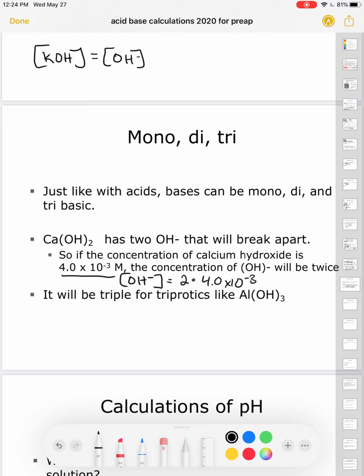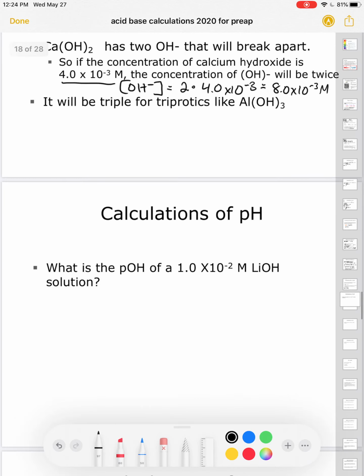It's a good thing I'm writing this all out because 2 times 4 is 8, equals 8.0 times 10 to the negative 3 molar. Okay, and then if you've got a tribasic base like aluminum hydroxide, that will be 3 times as much. Okay, so, and this should say pOH.